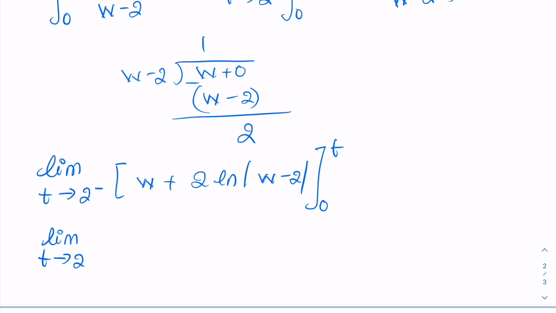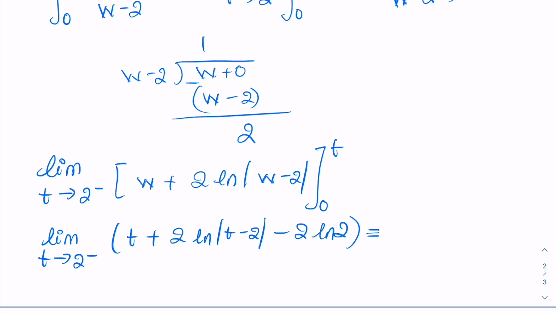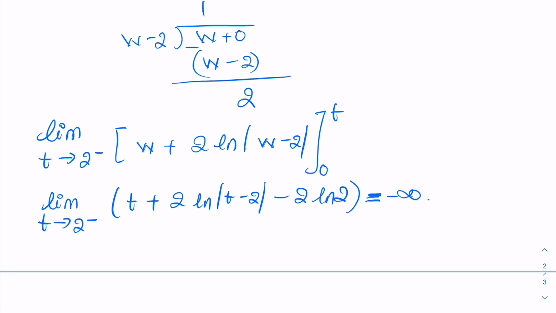As t goes to 2 from the left, t plus 2 ln of absolute value t minus 2, minus 2 ln 2. And this is going to give me negative infinity. Therefore, the integral is divergent.